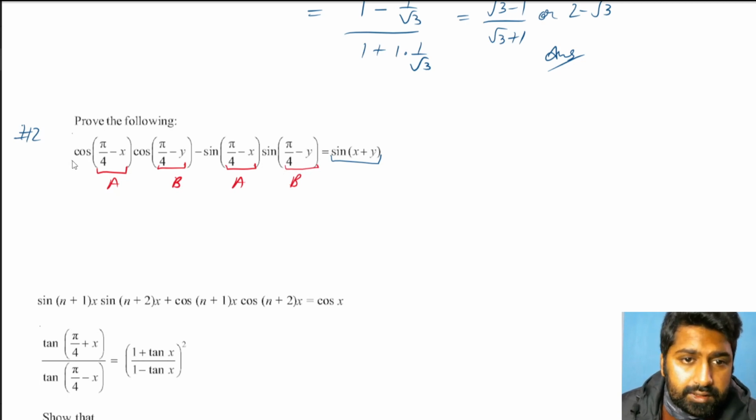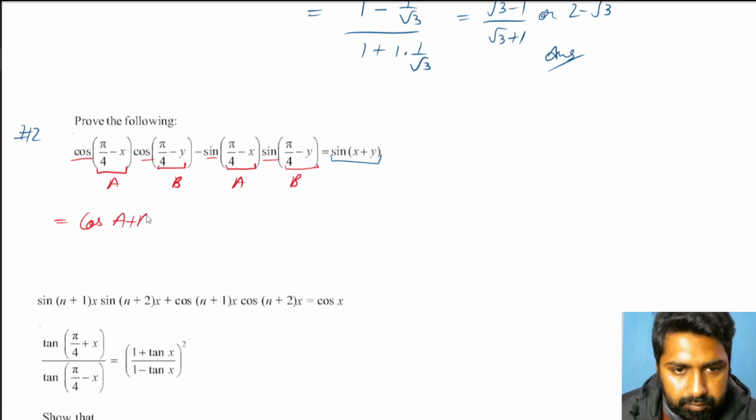Look at the format: cos cos, sin sin. So the format is applicable. So this is the identity of nothing but cos(a + b), because there is a negative, so we have to change the sign. That means this question is actually nothing but cos((π/4 - x) + (π/4 - y)).